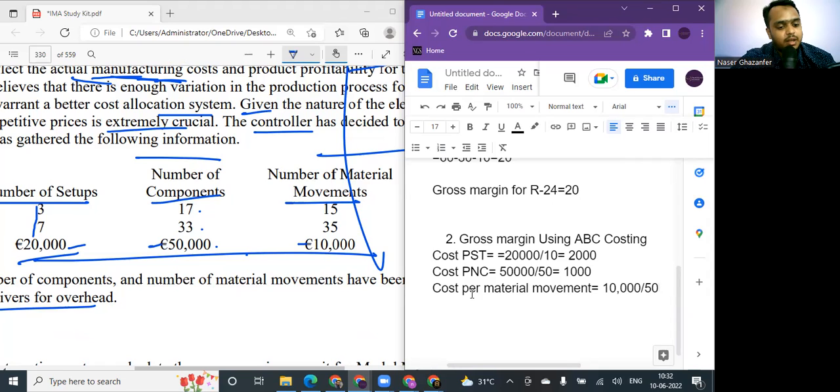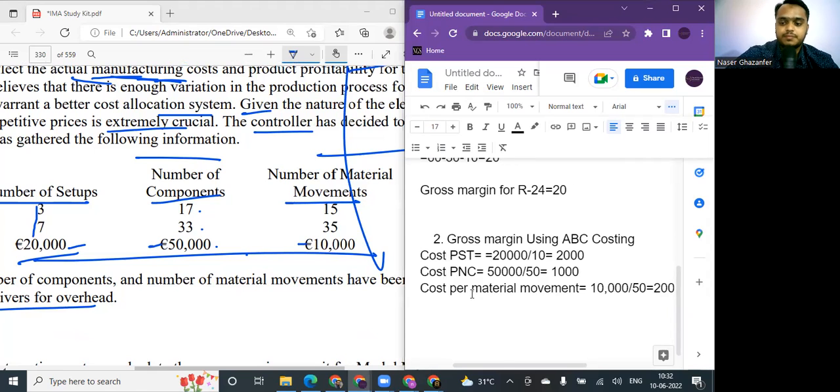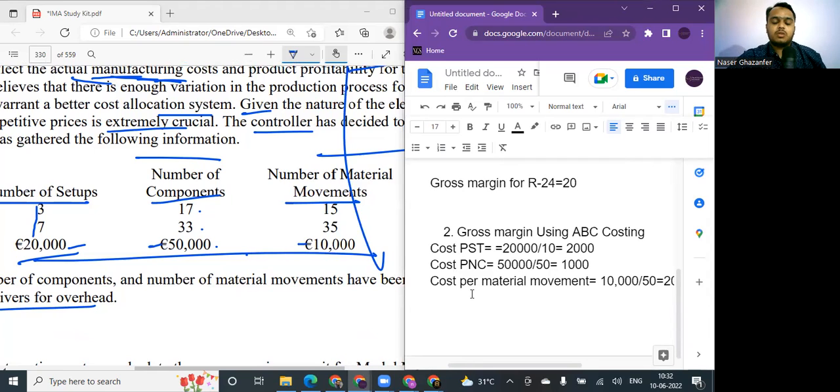I'm really bad at calculations. Make sure that you also have a calculator and don't make silly mistakes here. 10,000 divided by 50 equals 200. I've got this cost per unit.